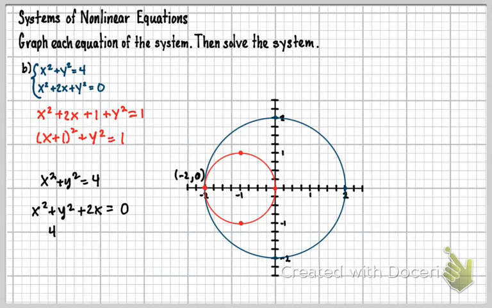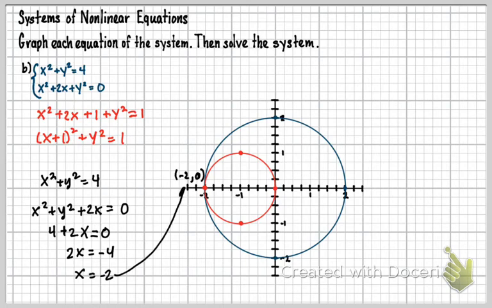So that's going to be 4 plus 2x equals 0. And then I move the 4 over, which makes it a negative 4. So 2x equals negative 4, and then I divide by 2, x equals negative 2.